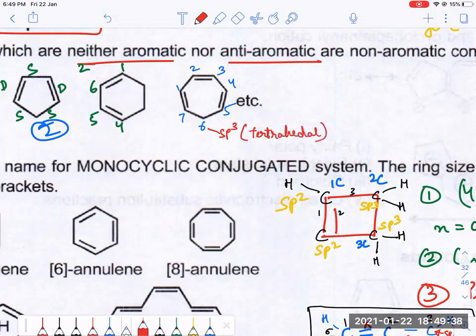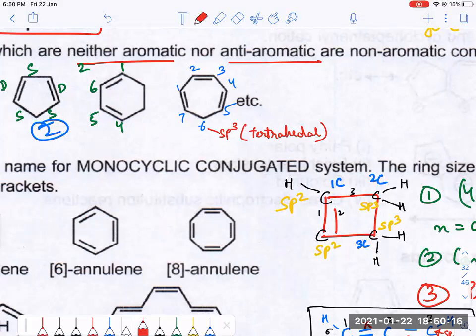What about the other carbon atoms? Come on, please tell me if you are facing any difficulty. Should I explain the hybridization once more?